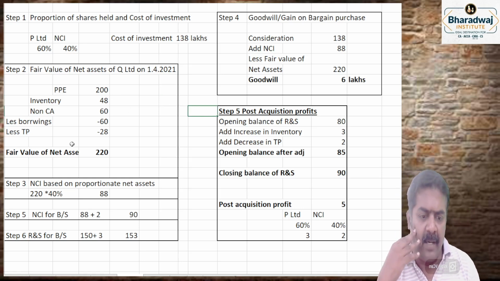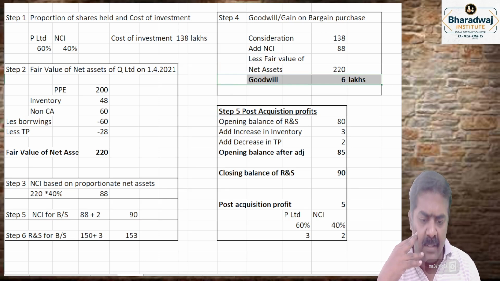So in the balance sheet, goodwill how much will come? 6 lakhs will come. Reserves and surplus will be 153. NCI will be what? 90.